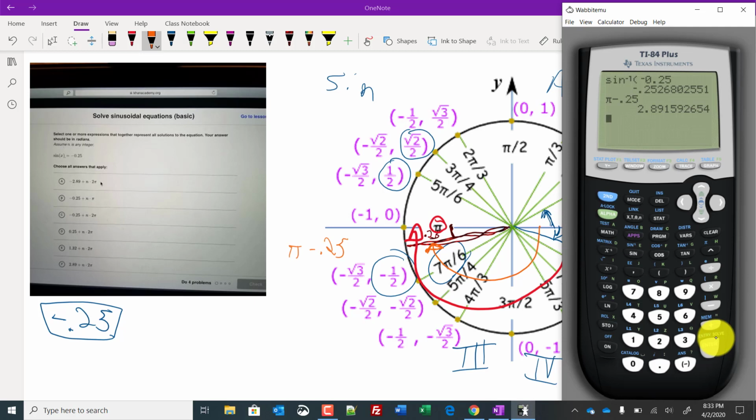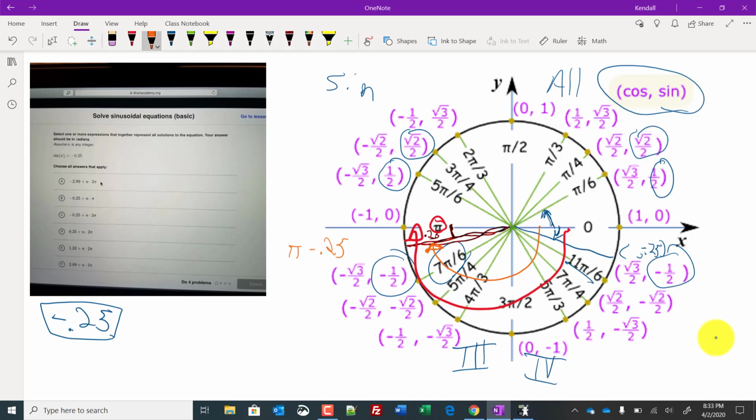Well, what direction did we measure from? We started at the positive x-axis and went in a clockwise direction. Remember, with trig, a clockwise direction on the unit circle means that it's negative. So our second answer is negative 2.89. So it looks like A might be an answer, B could be an answer, C could be an answer. Assuming our negatives are right, D, E, nor F can be an answer.